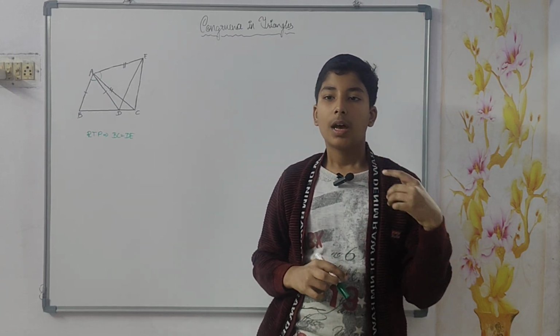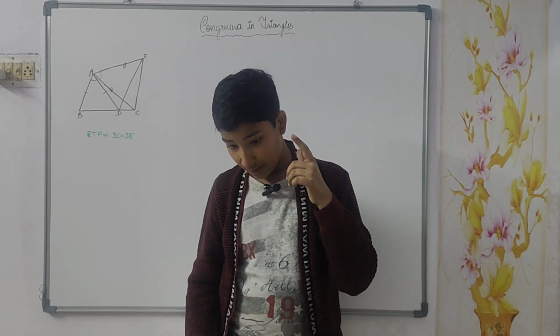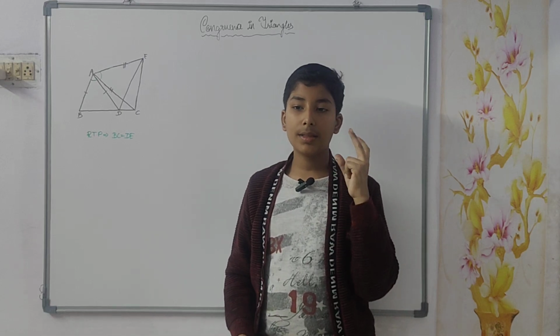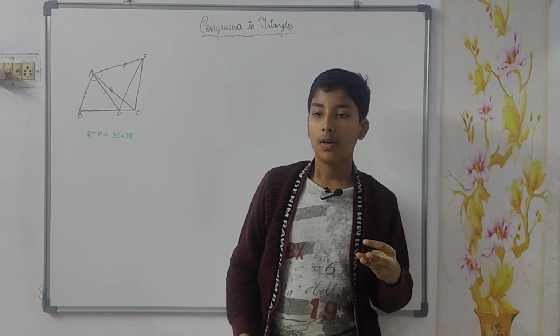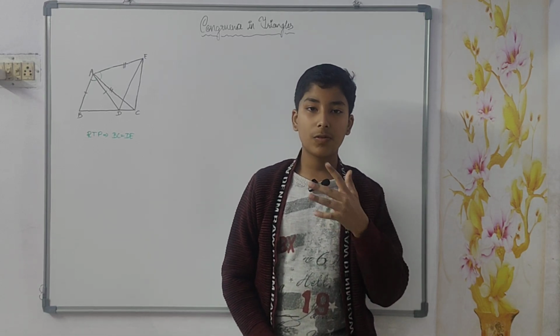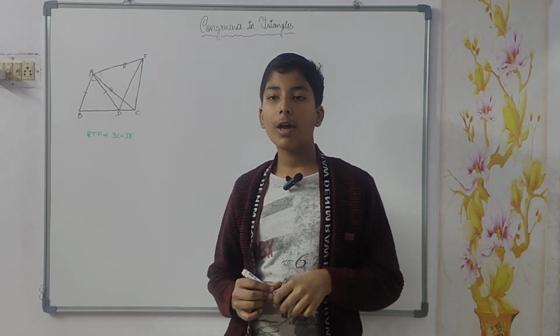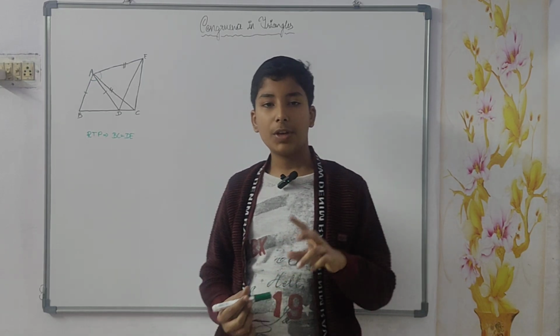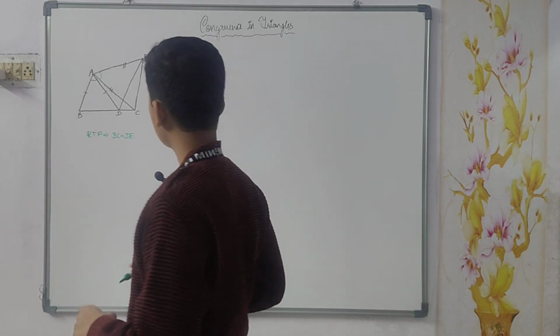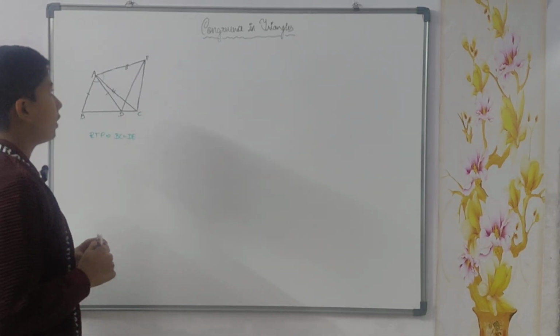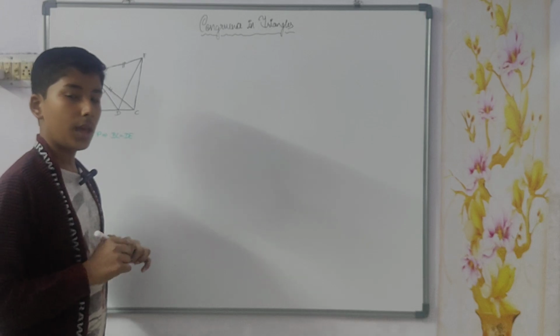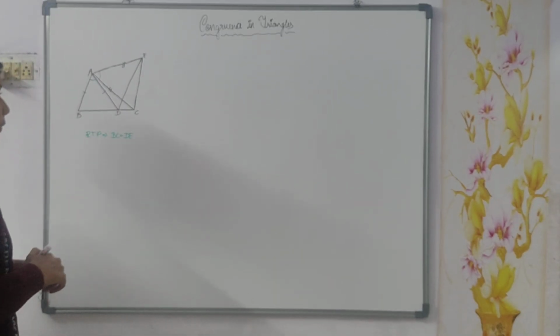First is SSS, second is SAS, third is ASA, fourth is AAS, and fifth one is RHS. I'll tell you all of these during the video only. Okay. So let's see our first question. This video is for questions and their solutions, not for the properties.